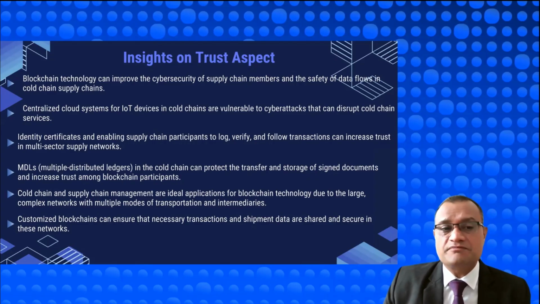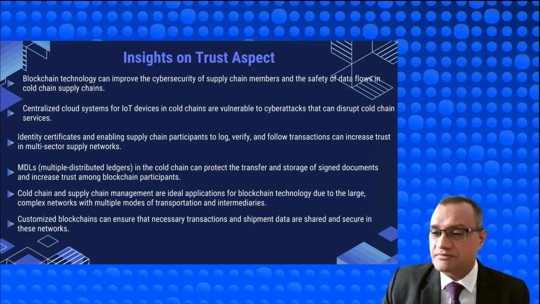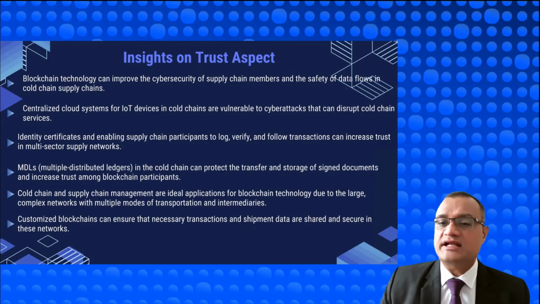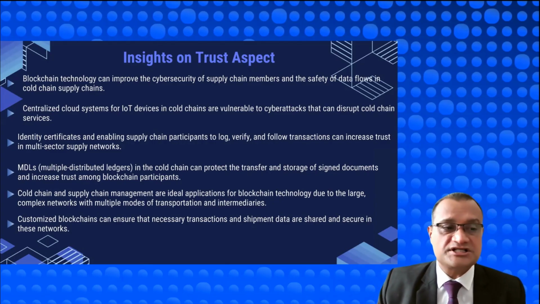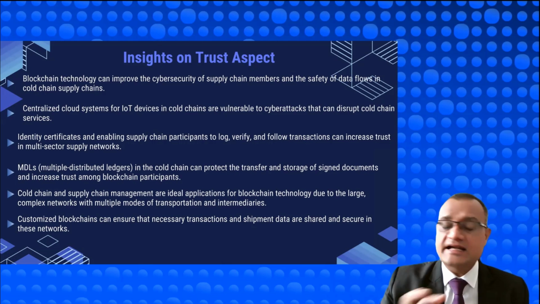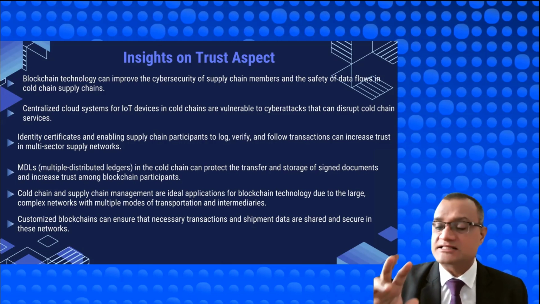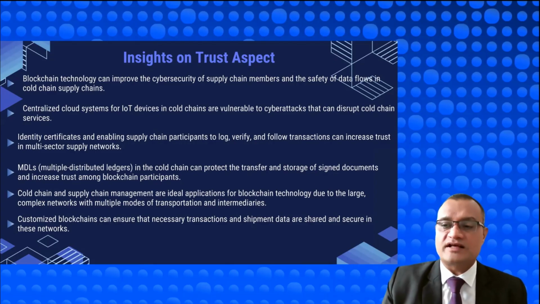Centralized cloud systems for IoT devices, extensively used in the cold chain, are vulnerable to cyber attacks that can disturb the entire cold chain services, and identifying certificates and enabling supply chain participants to log, verify and follow transactions can increase the trust in the multi-sector supply chain network.